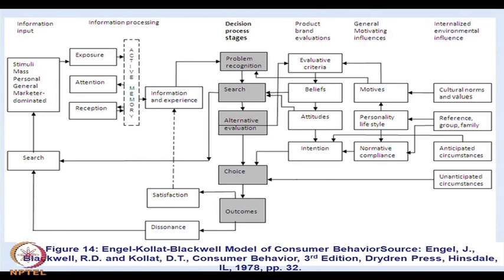So, the stimuli, whether from marketing sources or non-marketing sources, also act as an information cue to which the consumer is exposed. This exposure leads to some form of attention on the part of the consumer, and he receives information. So, there is attention and reception of information which actually goes into his active memory set.